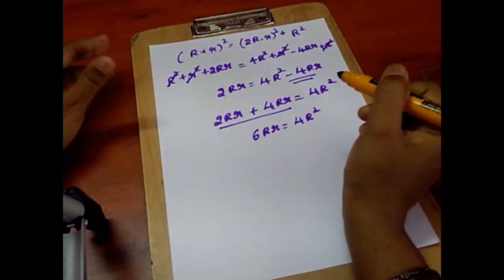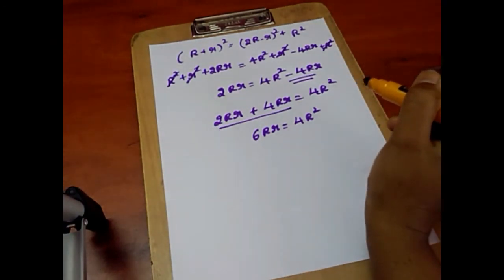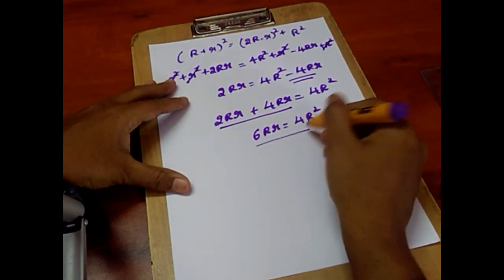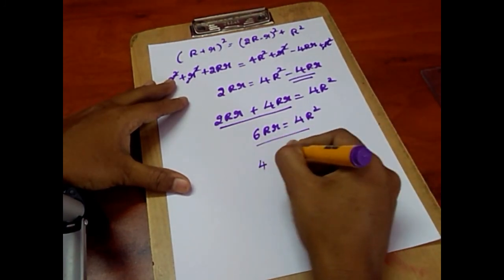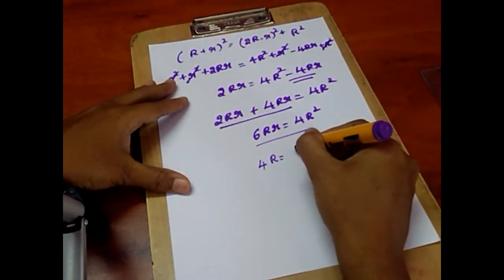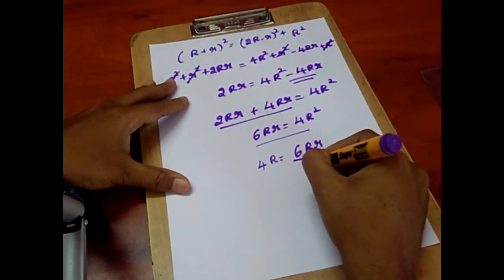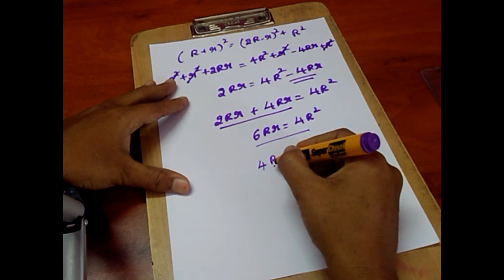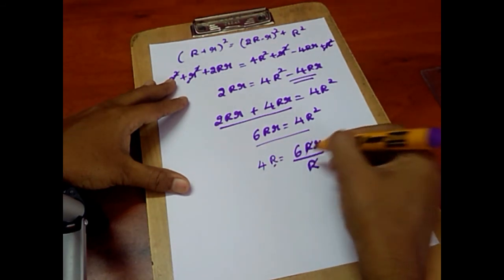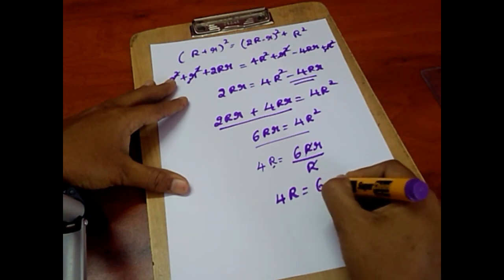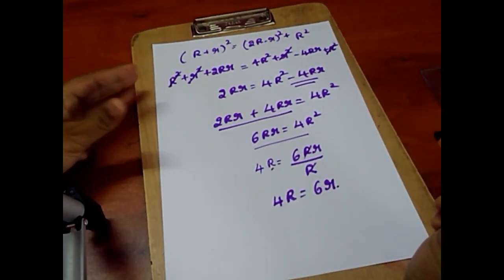If you just observe, children, we don't need capital R. So how can I rewrite this? Let me write 4R is equal to 6Rr by R, 4R square, with one R brought to the denominator. Then 4R is 6 times r.